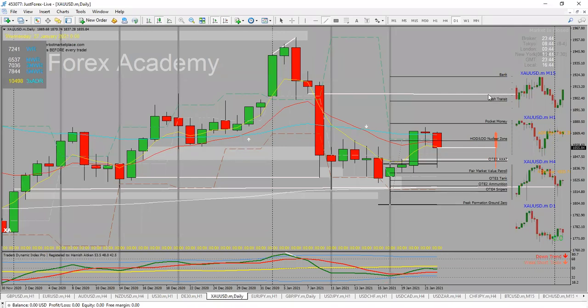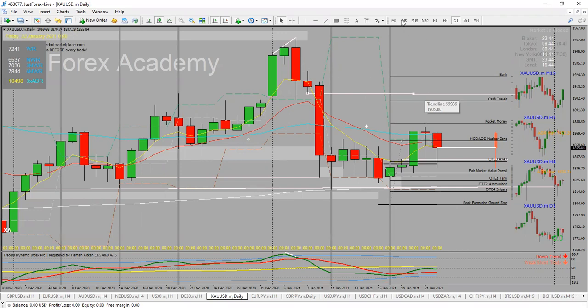So if they do come to test the food zone of this swing, or either uses the 50% of this week's candle, I'll be buying the market, and this will be my TP or my break-even zone on the 50% of this present gap. And also the market has never come to test the 50% of this present gap that was created.